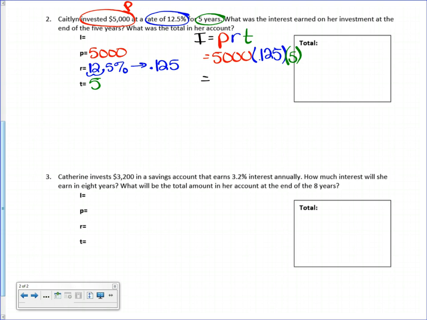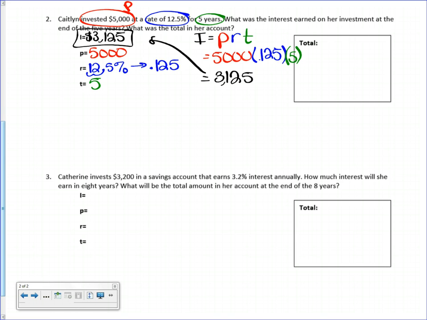So 5,000 times 0.125 times 5 gives us 3,125. So that value right there, that's your interest. So for this account, Caitlin earned $3,125 in interest.